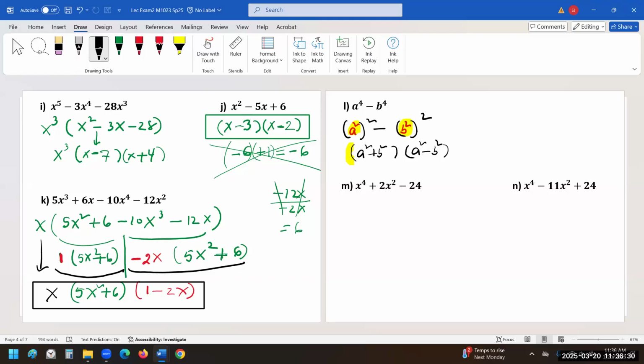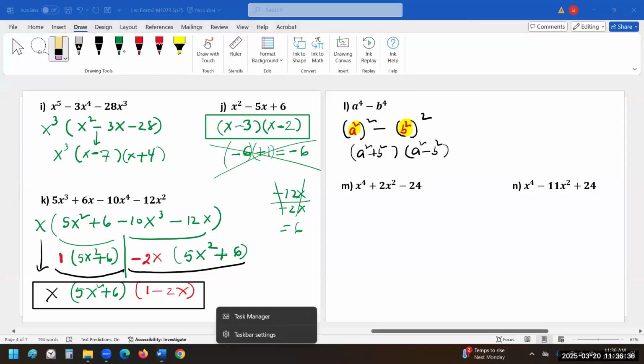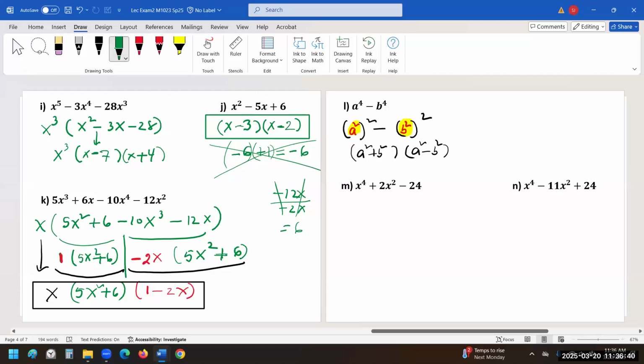Now, a squared plus b squared doesn't have any negative, so it's prime. We cannot factor that anymore. But this is a difference of perfect squares, so that means we can factor this more. So we do a plus b, a minus b.